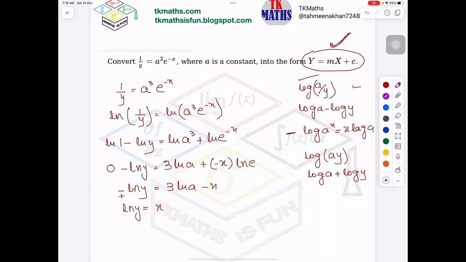So this will become plus, minus, and plus. Okay, so I'm using this sign. So it is minus 3 ln a. Now you can see here, this is your y, this is your x. What is your m? m is your 1, only x, meaning 1x. And this part is your c part.